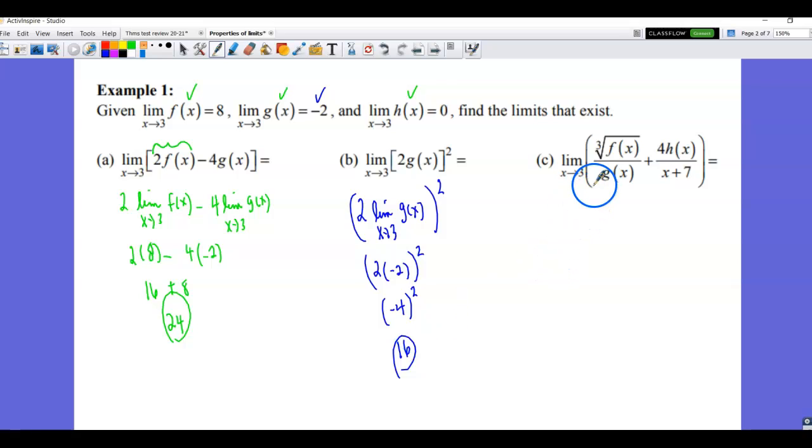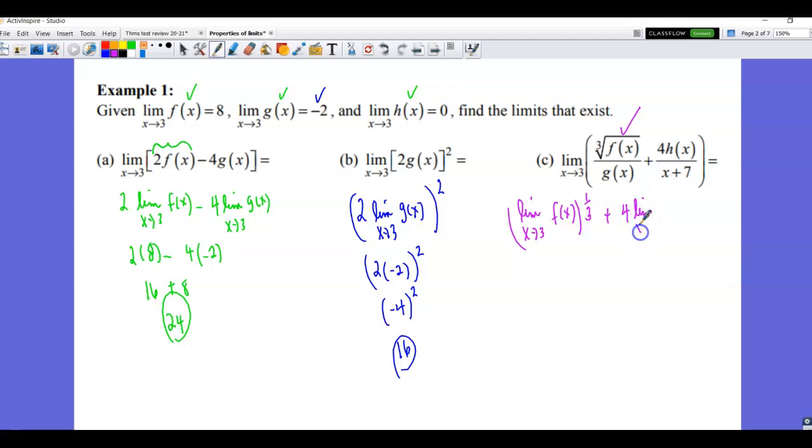For letter C, my rewrite for that one using the properties is going to be the limit as x approaches 3 of f of x to the 1/3 power. So notice that takes care of that first term. I changed the cube root to the 1/3 power. I'm going to find the limit first, plus 4 times the limit.